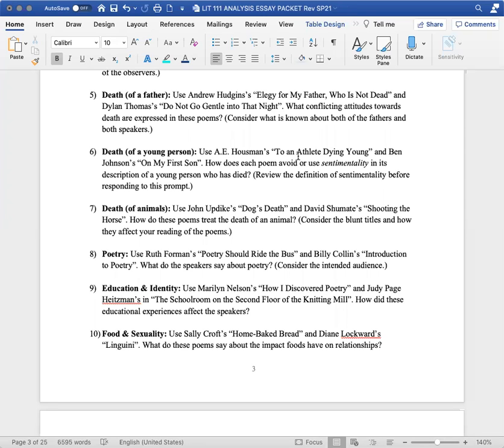In Elegy for My Father Who Is Not Dead, the tension comes from religion. So pay attention to that. The son and the father have very different ideas about what death means and what happens when you die. In Dylan Thomas's poem, as we already talked about, there's this problem with how the father is dying, because the father is a man, and Dylan Thomas believes men should die a certain way.